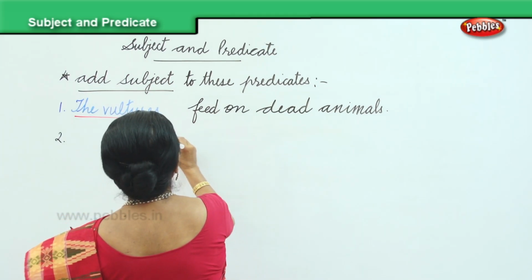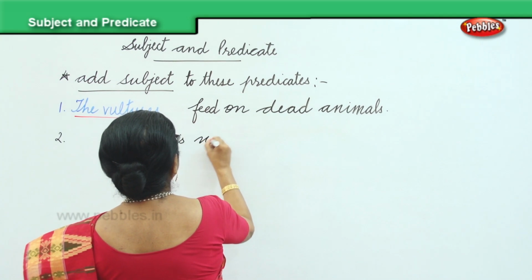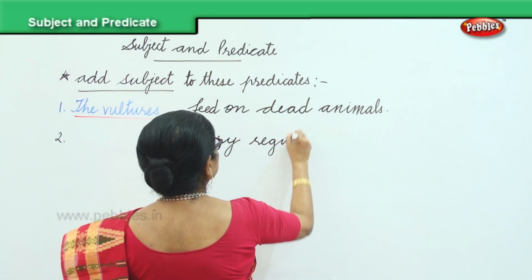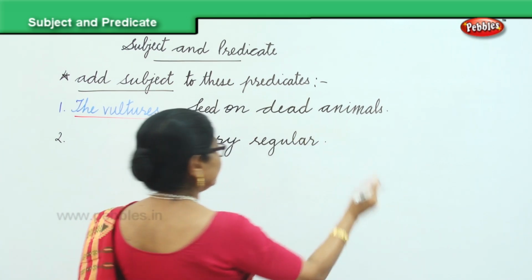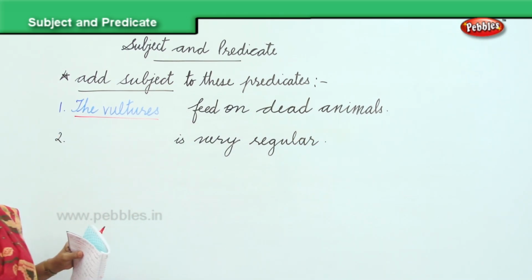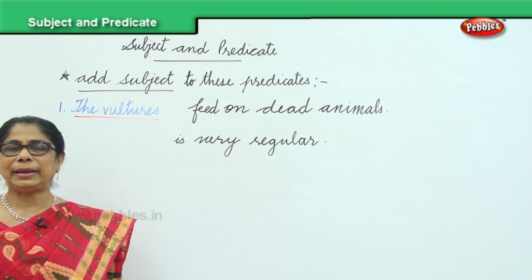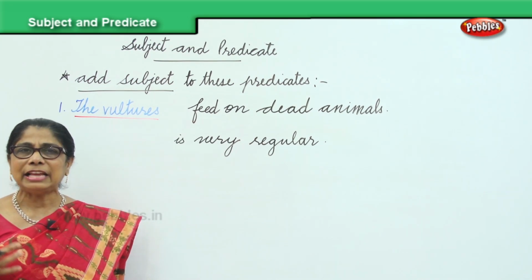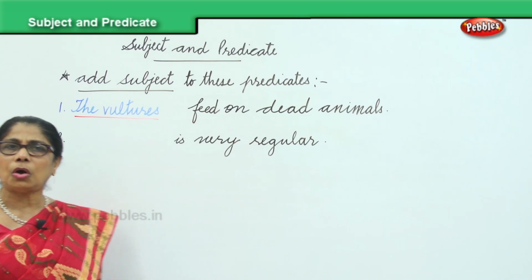Is very regular. You can supply anything. Is very regular is the predicate. Who is very regular? She is very regular. Mary is, you can put pronouns or nouns.